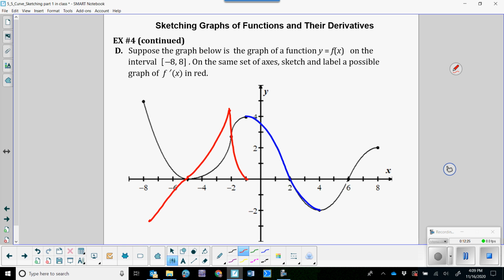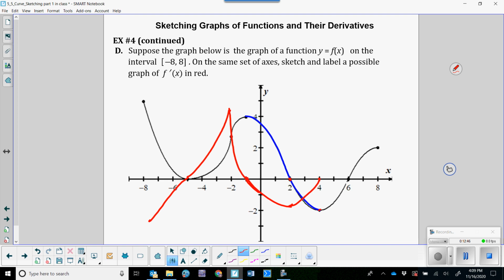If we know that this is the graph of f, we're also changing concavity right here. So that means that this graph would have a minimum right here, and then it would go back up until it gets to 4, and then it should equal 0 because of this point right there, right?